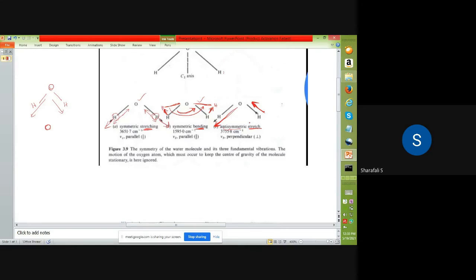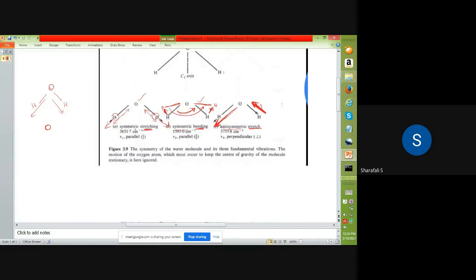If the atoms are vibrating differently, for example, in this case this hydrogen is going away from the oxygen and this hydrogen is coming towards the oxygen, the corresponding vibration is antisymmetric. Similarly, in this case both hydrogens are going away from the oxygen with the same angles. That's why it is called symmetric stretching.